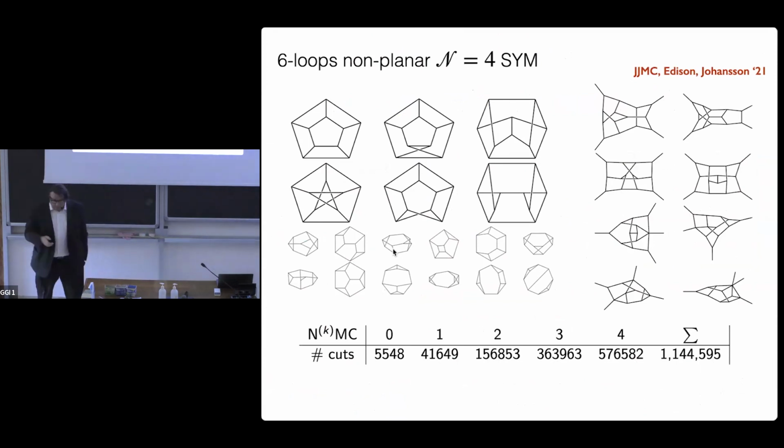And I'm drawing all the vacuum topologies. And of course, you have to dress them in all ways to get all the cubic vacuum topologies, you dress them in all ways to get all the different cuts you need to build to get the full integrand. And if you're actually evaluating trees to do these cuts, the bookkeeping starts getting very expensive.